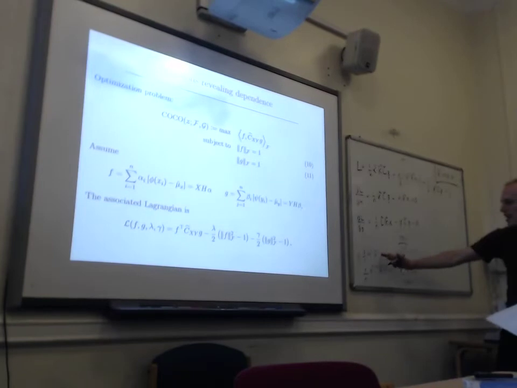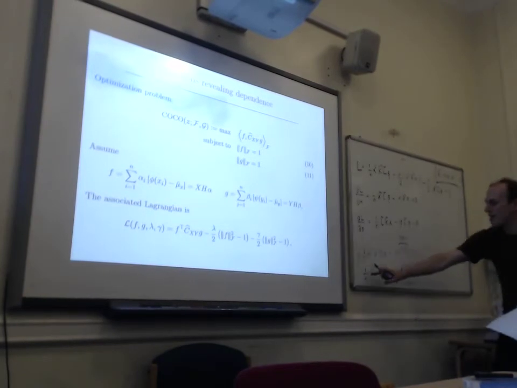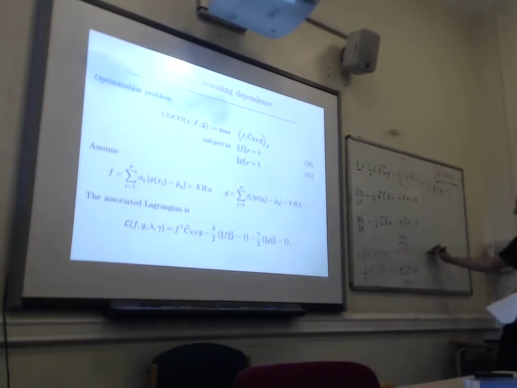So let's subtract this line from this line. What do I get? Minus lambda plus gamma is equal to 0. So what I've just shown here is that lambda equals gamma. Both of these parameters are equal to each other.